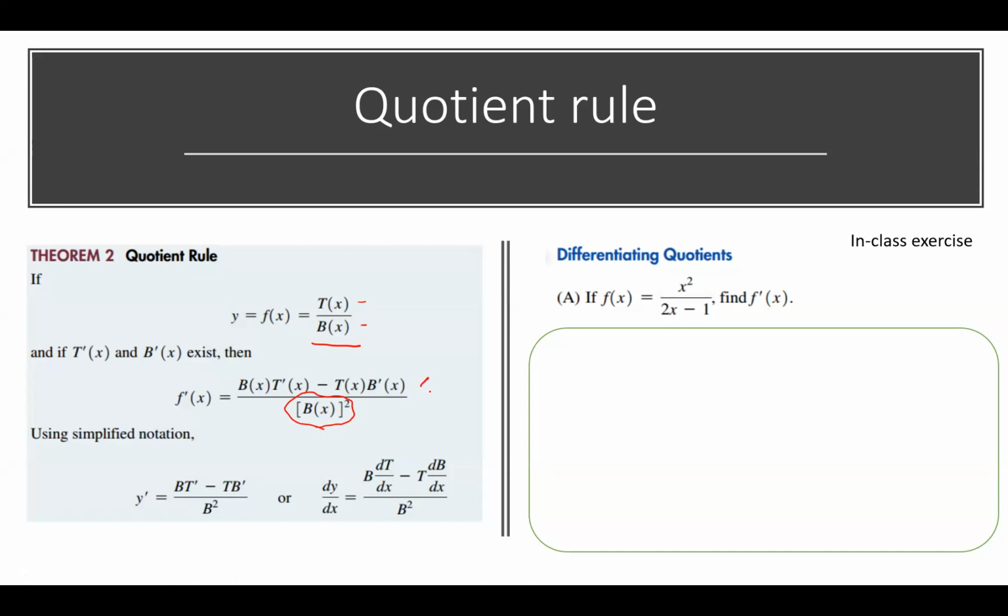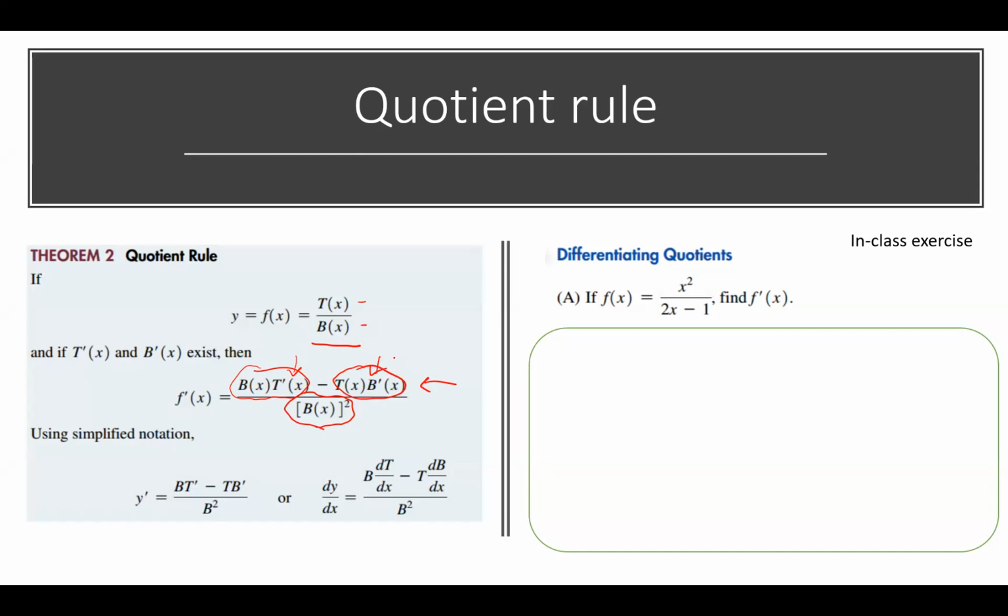The top, the numerator, becomes something like this. We first take the derivative of the function t, multiplied by b. So this is the first part. The second part is that we take the derivative of the function b, then multiply by the function t, and then we subtract these two terms. And this part has to come first. So we take the derivative of the function t first, then subtract the second part.